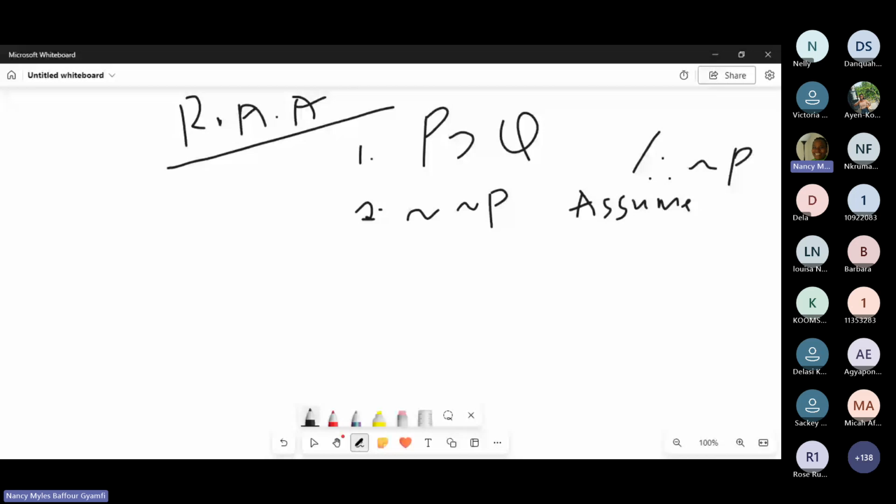For indirect proof or for reductio ad absurdum. You can write any of those there for your own referencing, in case you are combining more than one. And then with that, what else are you looking for? Don't do the work itself because we haven't checked whether this will be a good proof, but just to get the method.